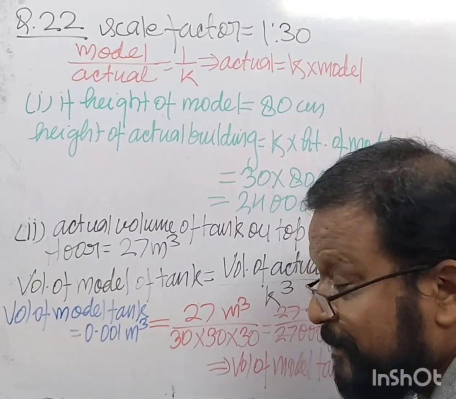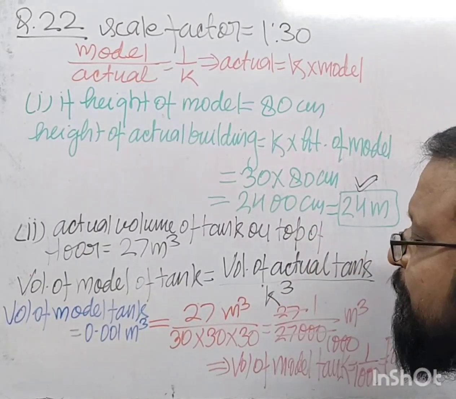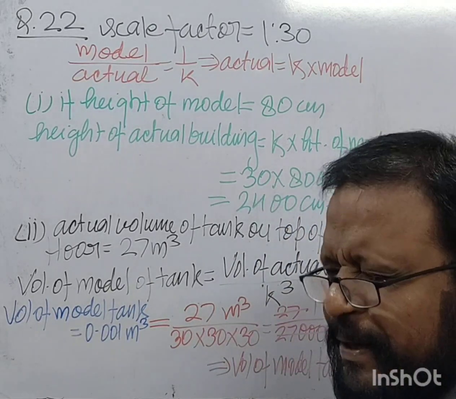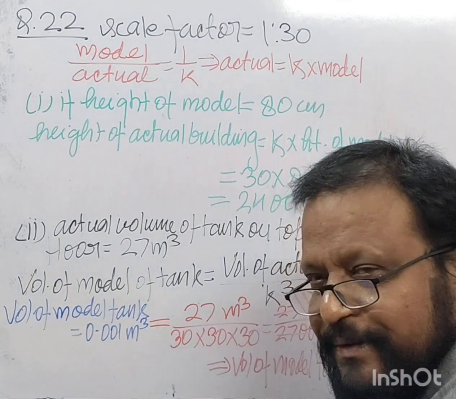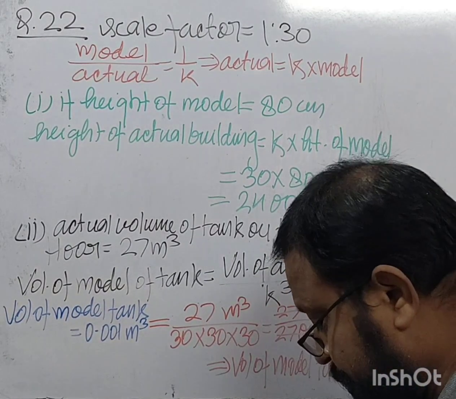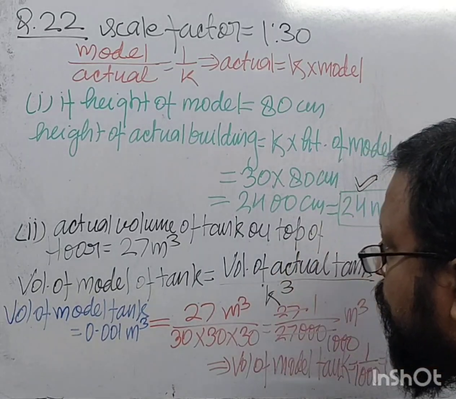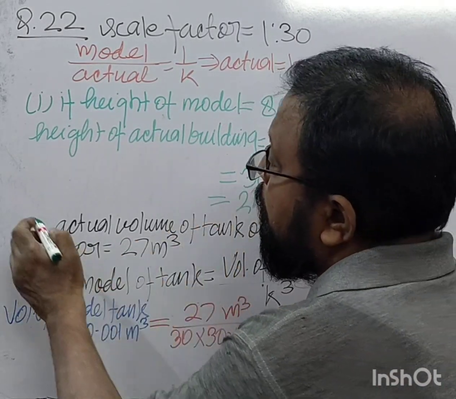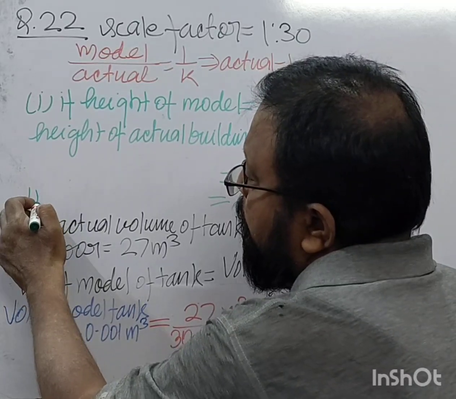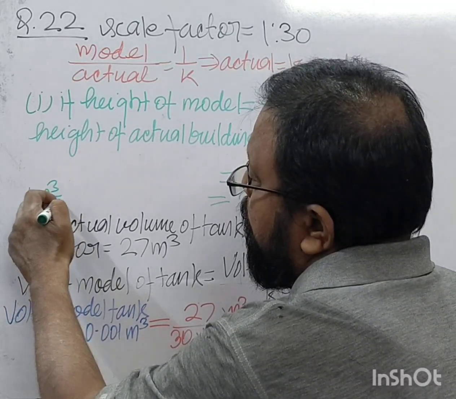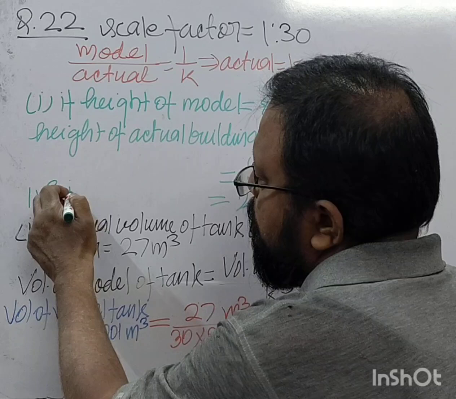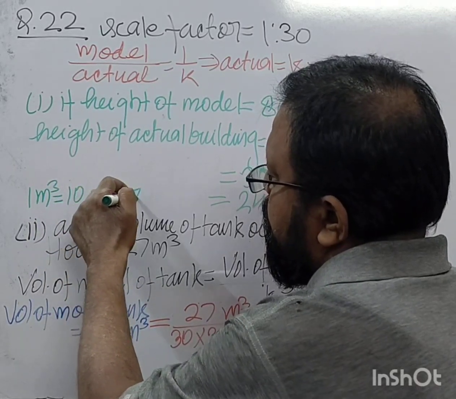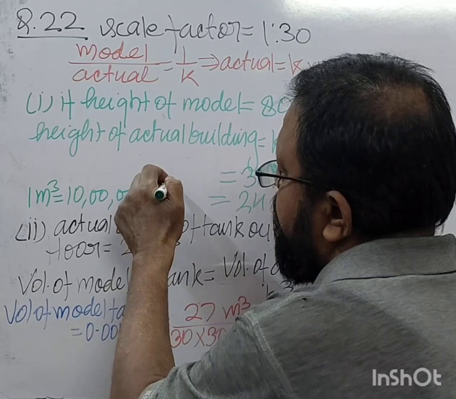Divide into 1000? It will not divide, it will multiply by 1000. 1 meter cube is equal to 10 lakh centimeter cube.